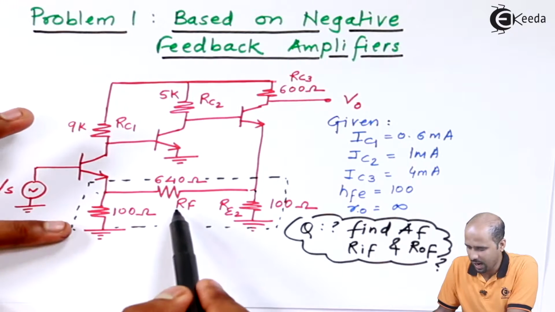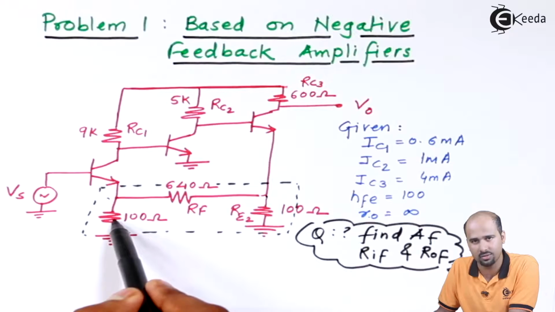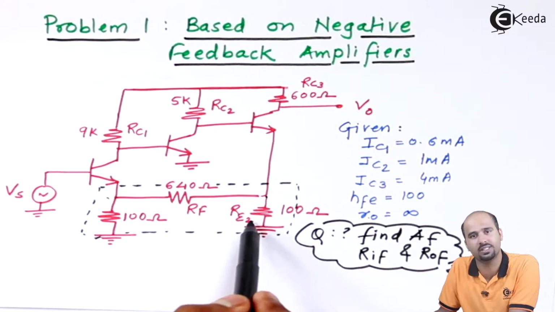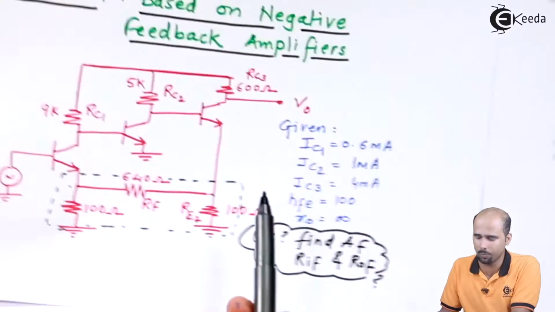So what we'll be getting, RF and this RE1, right, will be in series and this connection is in parallel with RE2, right? That will be your output side.